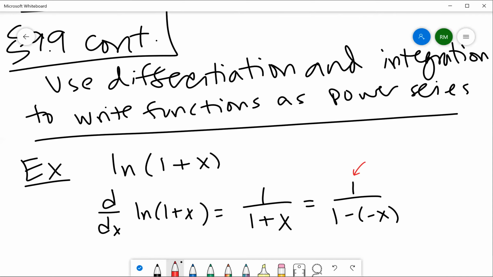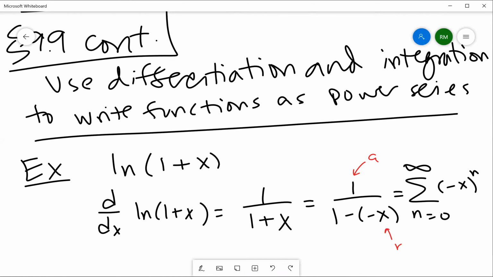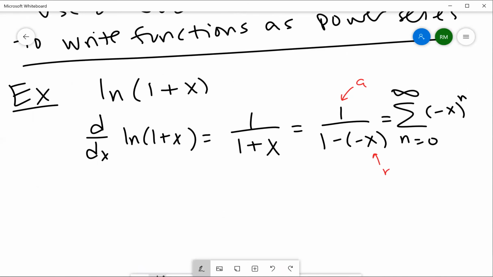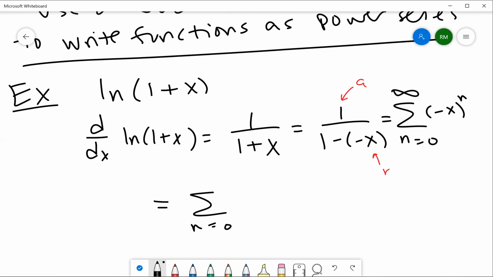So this is a, this is r, this is the sum from n equals 0 to infinity of negative x to the n. Rewriting that slightly, this is equal to the sum from n equals 0 to infinity of negative 1 to the n, x to the n.